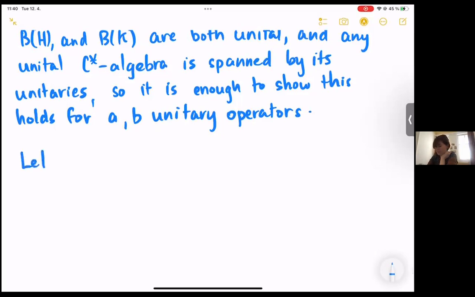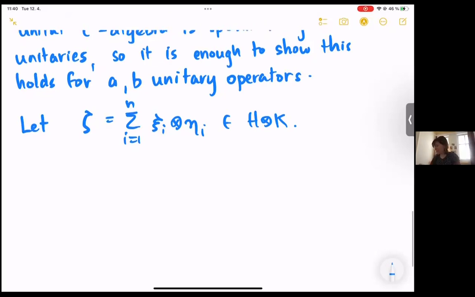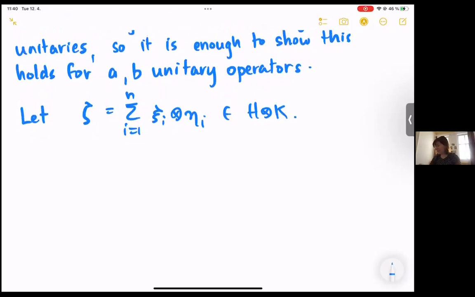Okay, so let's take an arbitrary element in the tensor product, zeta. This is a sum of simple tensors. And then we observe that we can write each chi i as a linear combination of elements in an orthonormal basis for the span of the chi i's, which will be very useful.